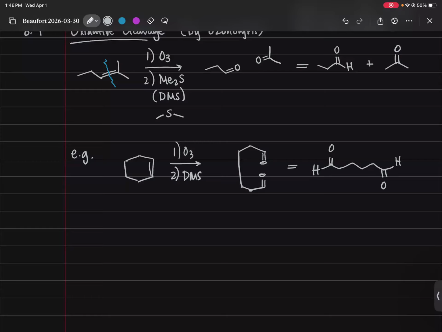For example, if I asked you to synthesize that molecule through an ozonolysis reaction, or through any reaction, you'll have to see that those two carbonyls can click together, and that gives us a six-membered ring. And of course, at that point, counting the carbons, 1, 2, 3, 4, 5, 6, is pretty important.